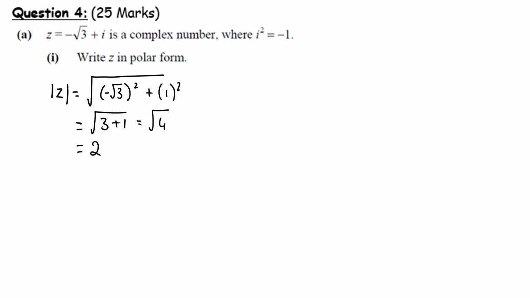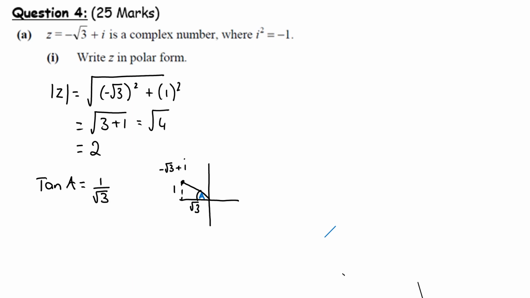So that's the modulus. The second thing we want to do, we're going to just sketch that out. So minus root 3 plus i, so it's somewhere over here. Minus root 3 plus i. That means it is 1 up, root 3 across here. So to figure out that angle there, which we can call A, the tan of the angle A is rise over run.